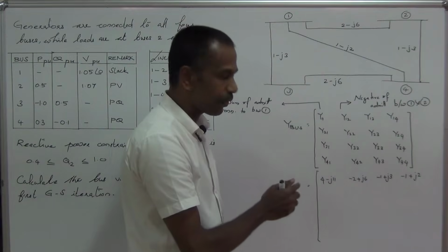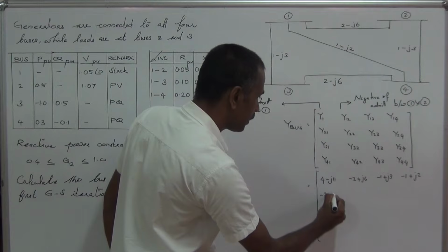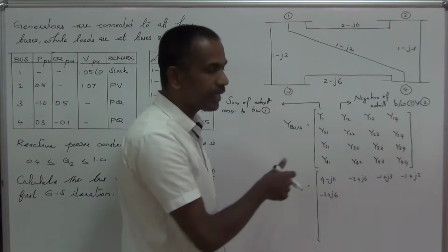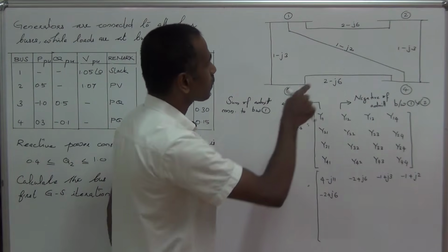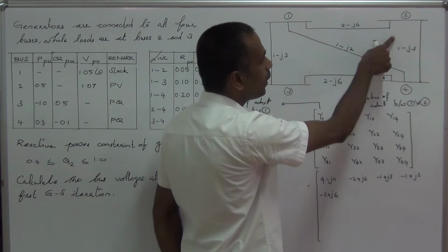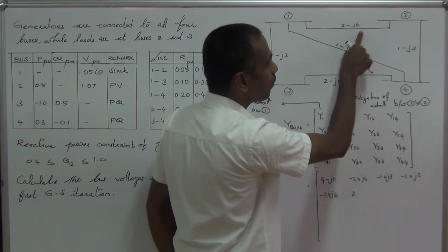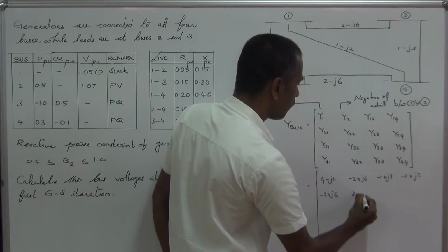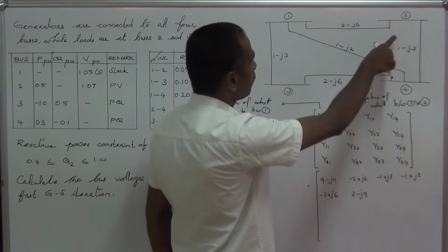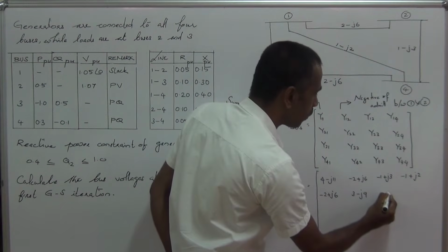Y21 is same as Y12, so this is minus 2 plus j6. Y22 is the total admittance connected to the second bus. These two lines are connected to the second bus. The total admittance is: add the real parts together, 3, add the imaginary parts together, minus j9. What is Y23? There is no element between bus number 2 and 3, so this is 0.